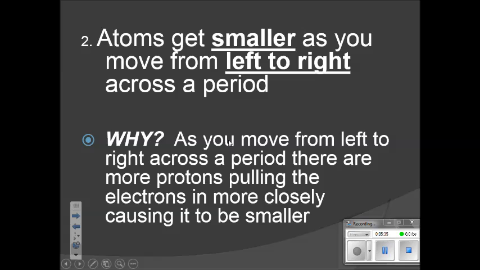So as you move across the period from left to right, atoms will get smaller because you're getting more and more protons in the nucleus. Okay? So again, why is important, not the trend. So make sure you understand the why. You don't even need the trend if you understand the why. So within the same energy level, this will definitely be true.